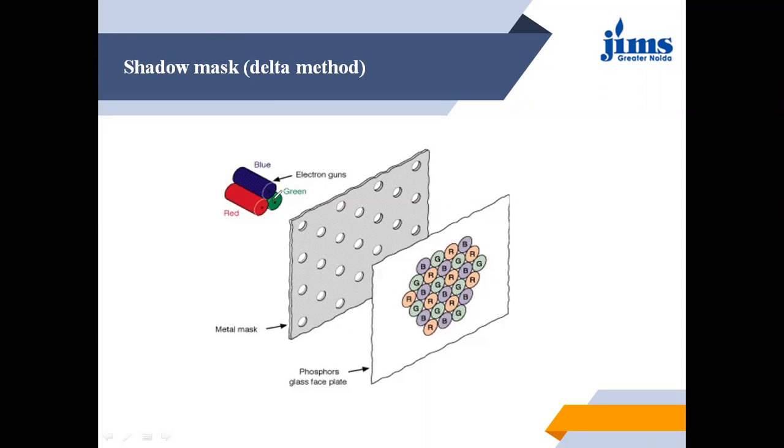Suppose this beam passes through this hole. Then wherever it strikes, the image is produced by using the metal mask. It decides at which place the electron beam has to strike. So the metal mask is used to draw the image.